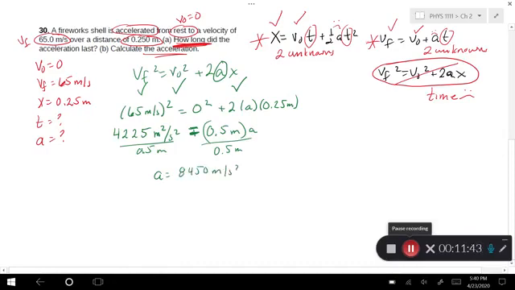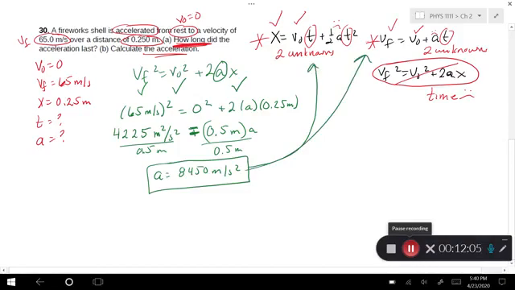I have 65 meters per second squared is equal to 0 squared plus 2 times A times 0.25 meters. So when I do this, I get 65 squared. And if I make a calculation mistake, please let me know. It's a whole lot easier face-to-face for people to tell me I messed up, but please email me and let me know I've messed up.